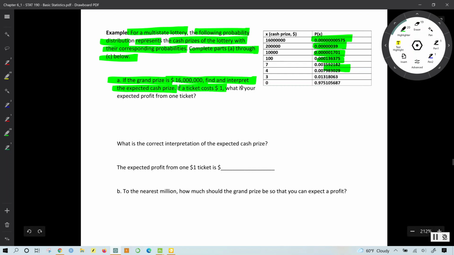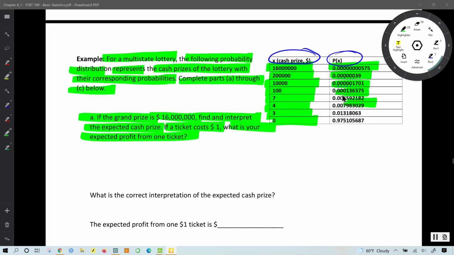If a ticket costs $1, what is your expected profit from one ticket? In order to answer this question, we pay close attention to the probability distribution table that documents all the possible cash prizes and their respective probabilities.